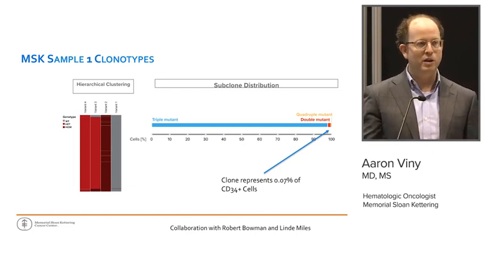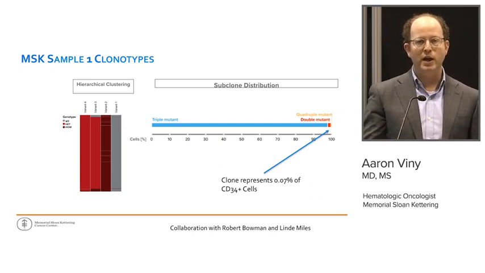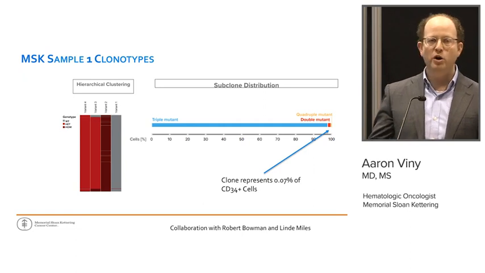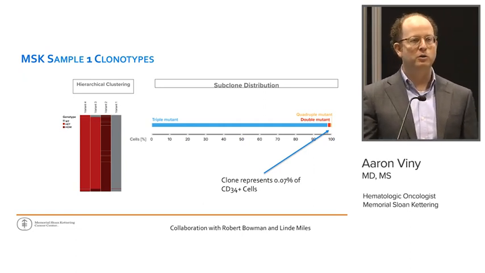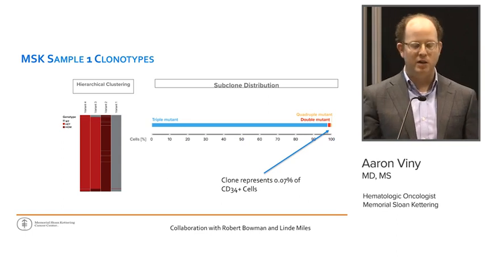And the clone that was the most virulent, the clone that ultimately this patient relapsed with, represented only 0.07% of their tumor. I mean, it's just shocking the power and depth that this technology is able to detect.